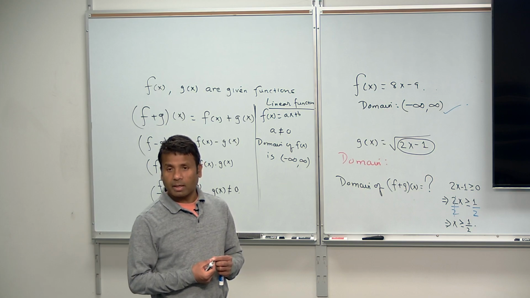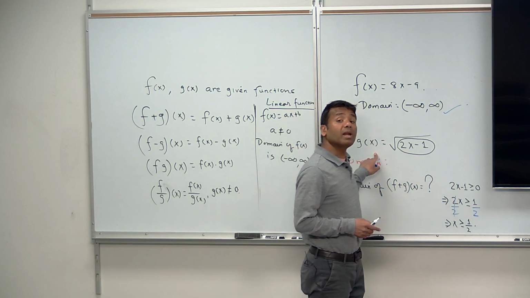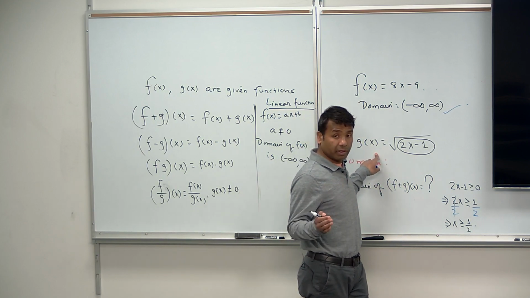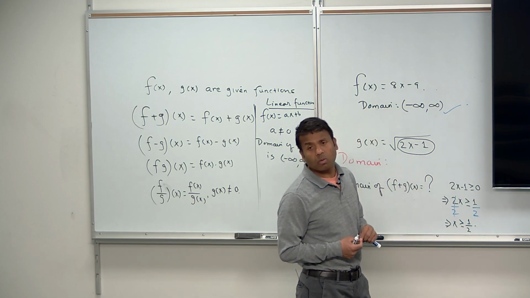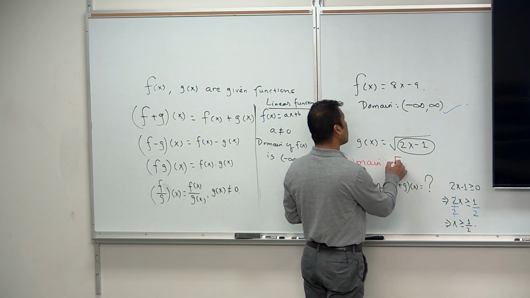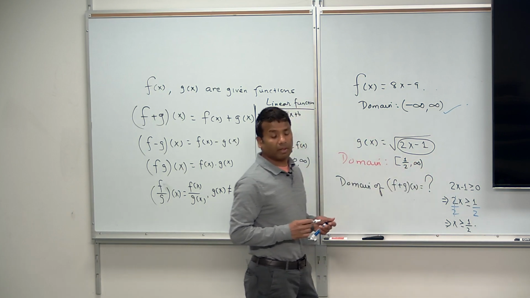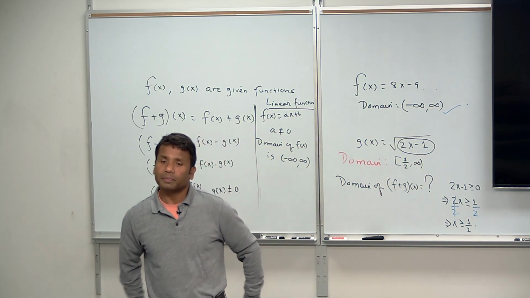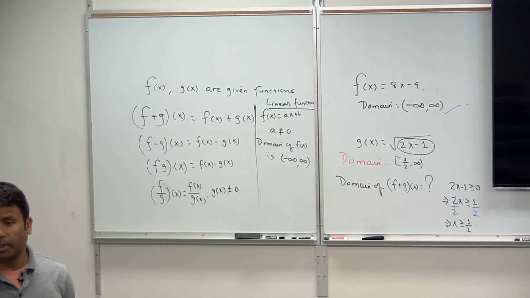Are you with me? So now what is the domain? This function is good for any values of x greater than or equal to 1/2. So what will be the domain in interval notation? It's going to be 1/2 comma positive infinity.